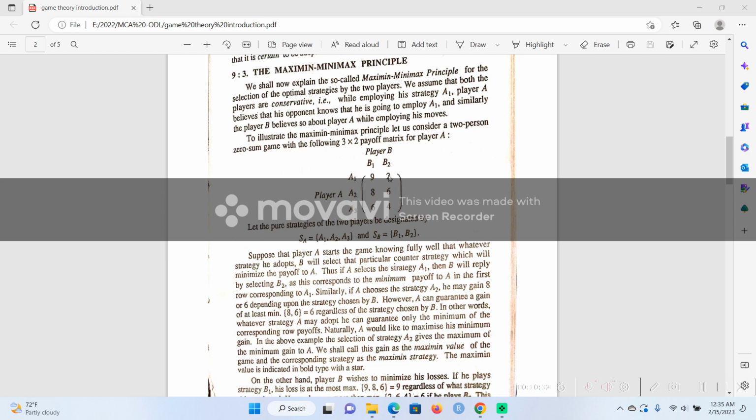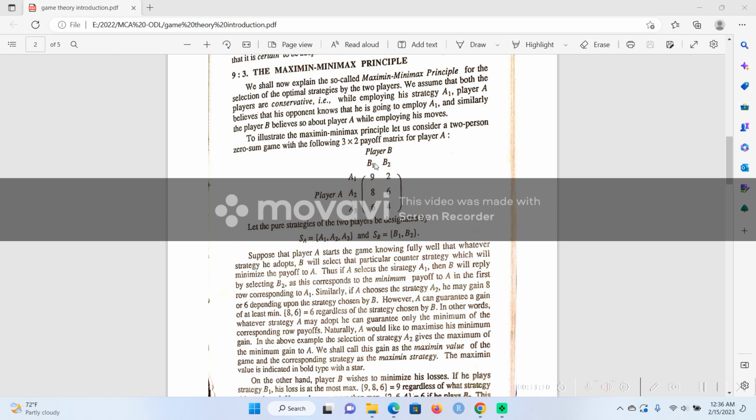As usual, this matrix is a payoff matrix to player A. If player A selects the A1 strategy, then player B wants to minimize his loss, because if he selects B1 he is going to lose 9 rupees, and if he chooses B2 he is going to lose only 2 rupees.